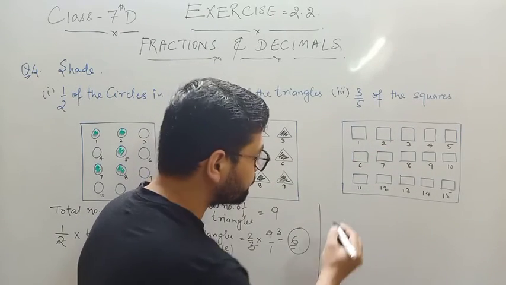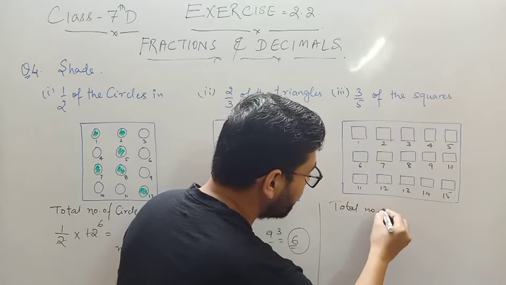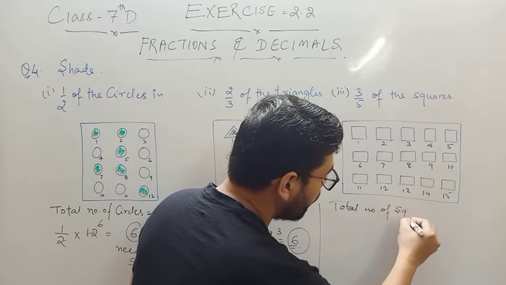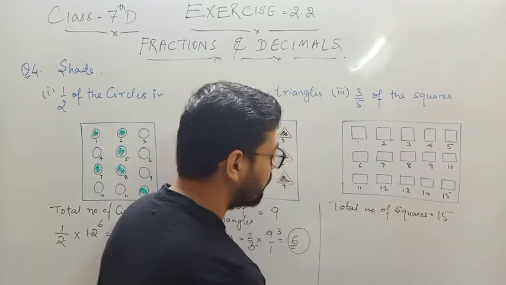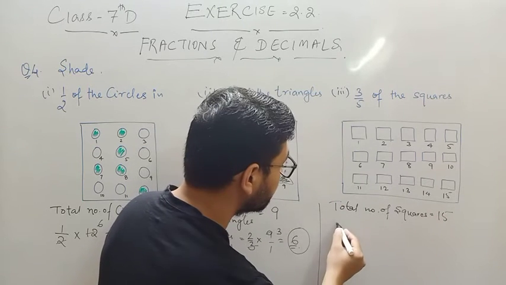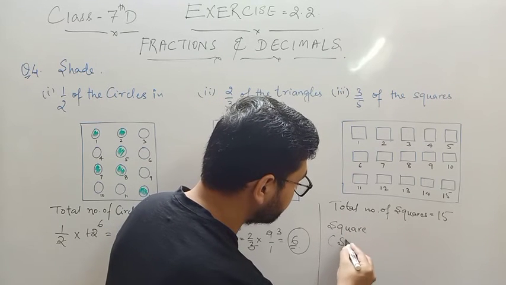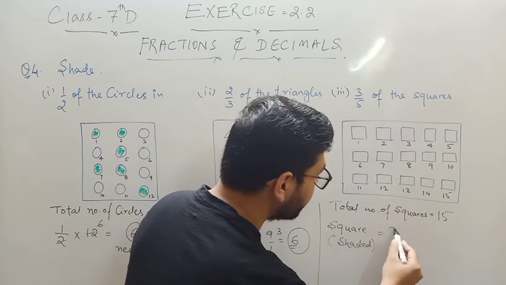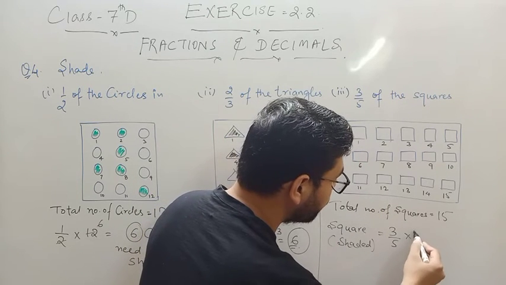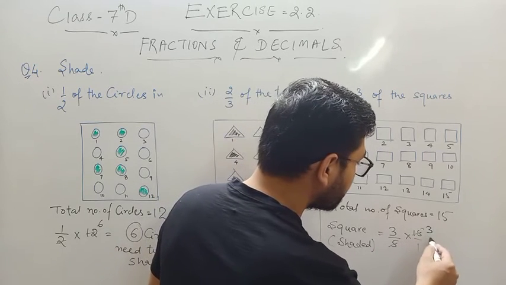That means you need to write total number of squares is equal to 15, and squares to be shaded will be 3 by 5 of 15. So I can write, 5 3s are 15, so equals to 9.